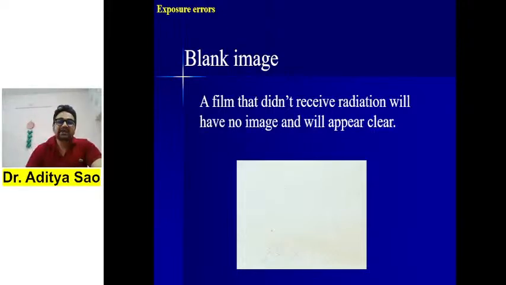Okay, so a blank image occurs most commonly due to this. A film that didn't receive radiation will have no image and will appear clear. That is a blank image. It is very rarely that you will find a question like this being asked in an exam.